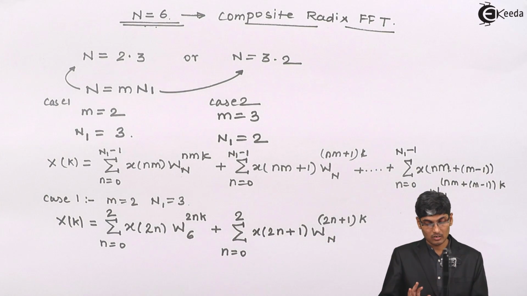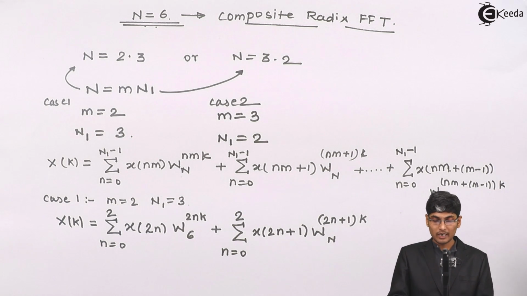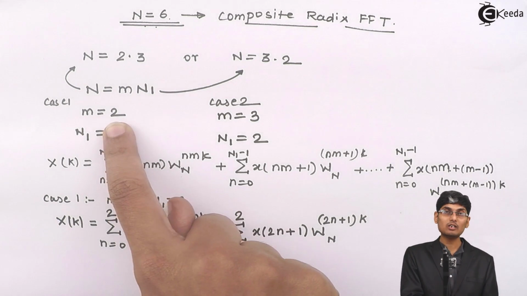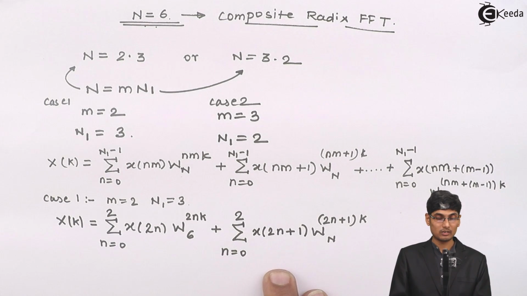That's all. If you don't remember this formula, you need to understand that there will be 2 stages in this case because the m value is 2. So I will have the first value and the second value, that's all.